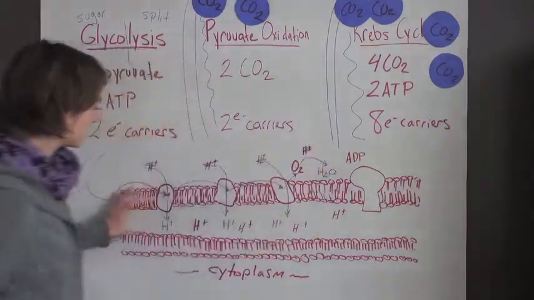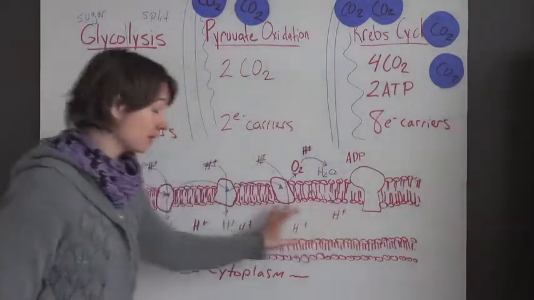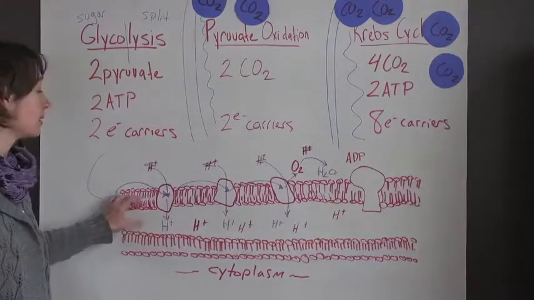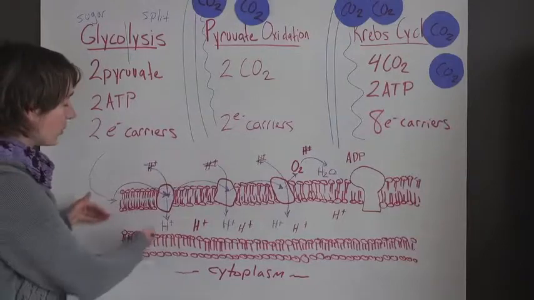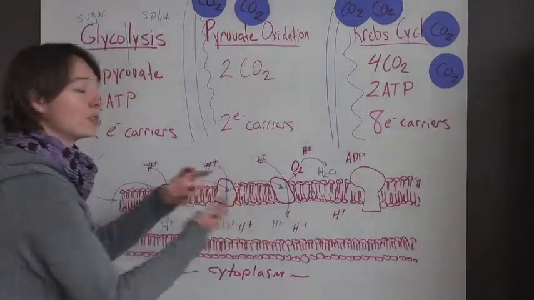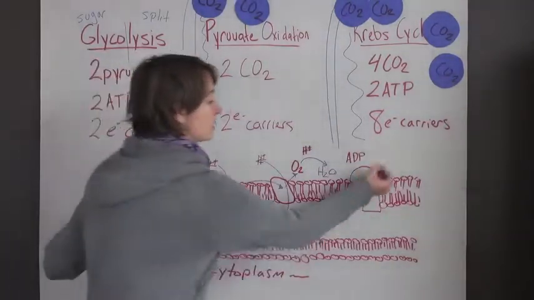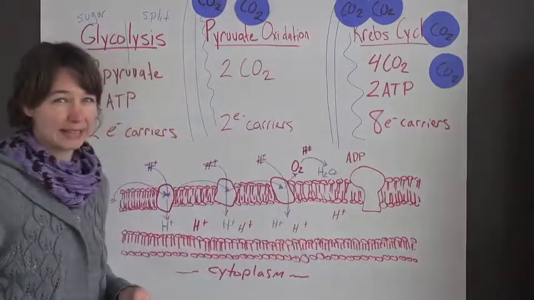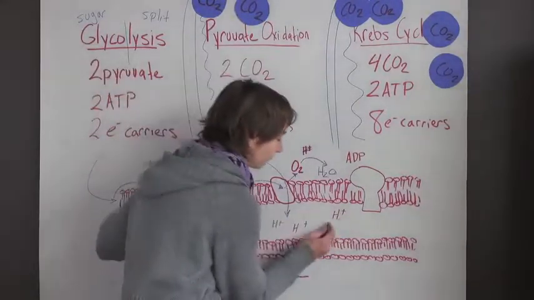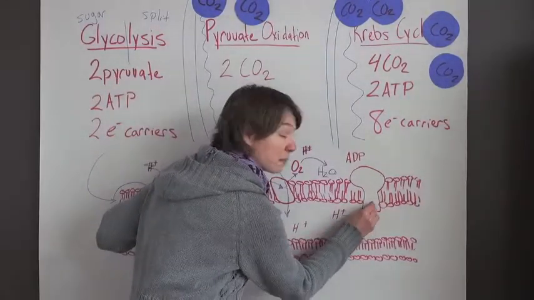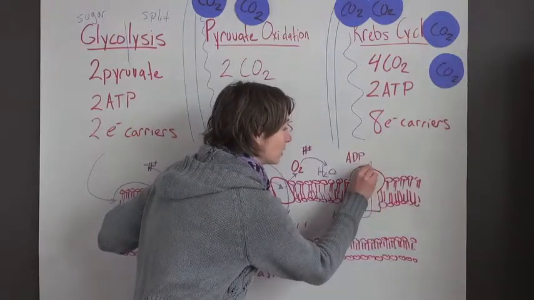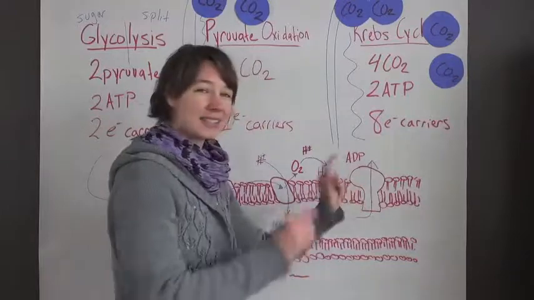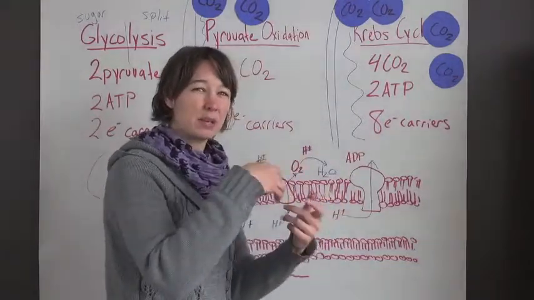And so what happens is there's a lot more hydrogen in this narrow space between the two membranes than there is out here. So it's sort of like a pressure gradient. So since there's so much hydrogen in this area, the only place for it to escape is through this very special molecule called ATP synthase. There's a special channel just for the hydrogen. So it goes into this molecule, and when it does, it actually spins, just like a pinwheel.